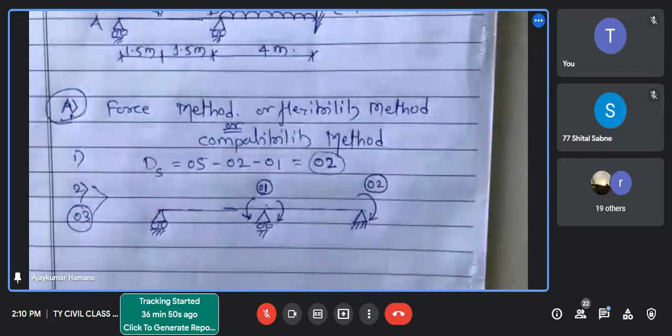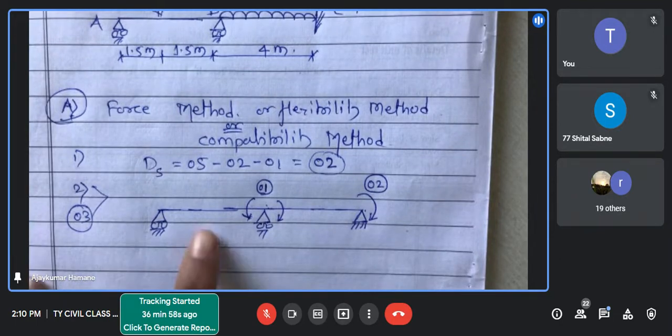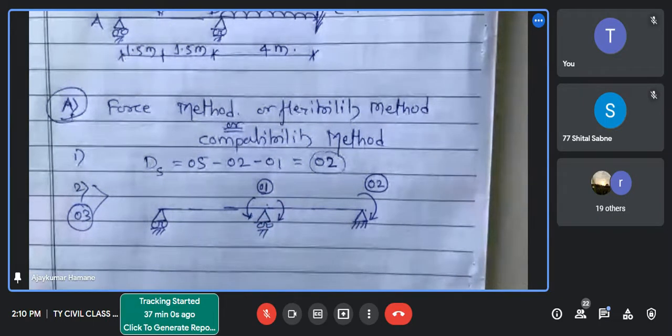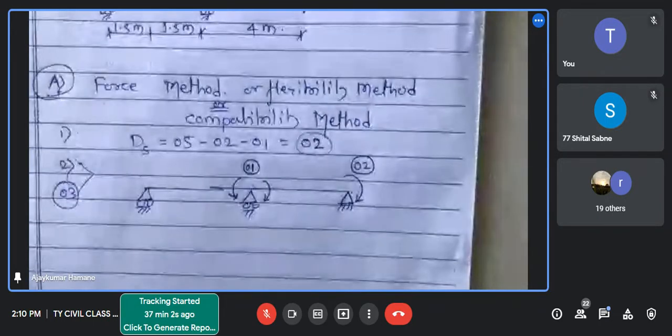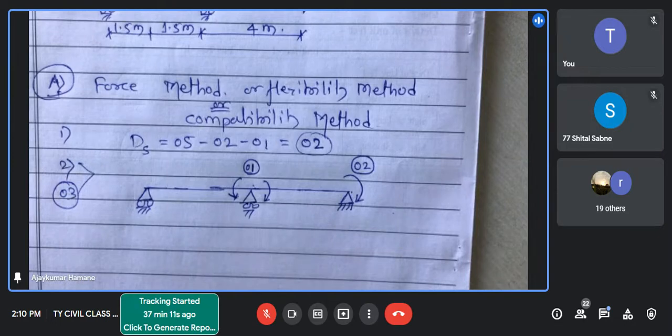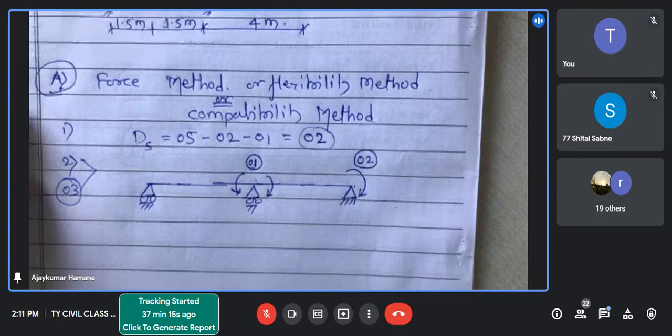Now next one. So we have removed the redundants. What is the next step? Determine delta L, the displacement at the coordinates due to the applied loads acting on the released structure.